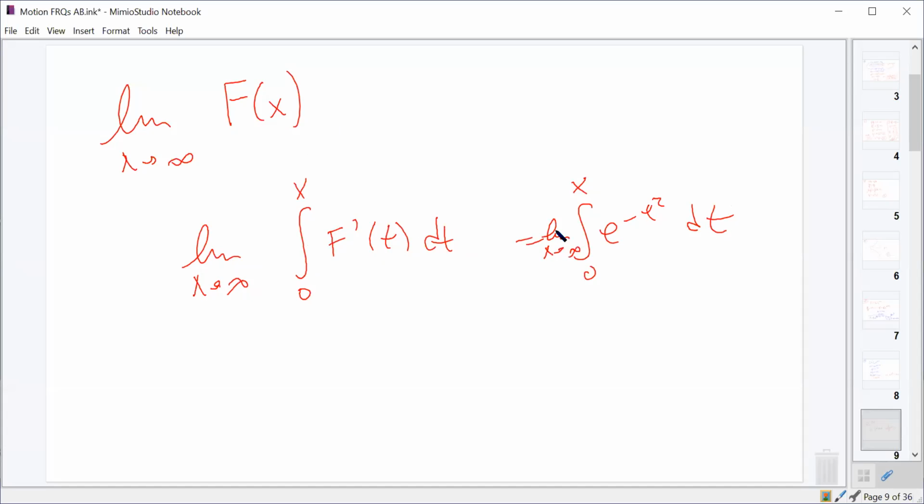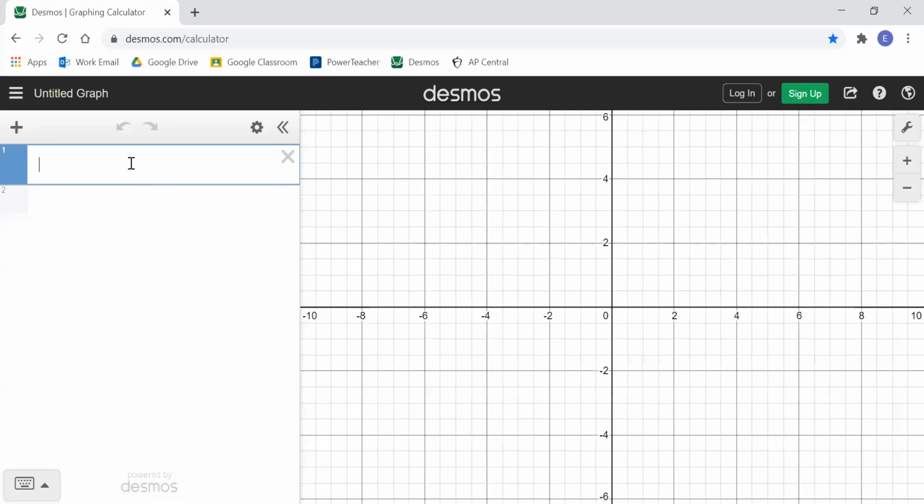So effectively, they'd say, just evaluate this integral at a very large value for x and see what it gets very close to. I'll do that real quickly here on Desmos to show that it comes out to be A, which is what they wanted the answer to be. So the integral from 0 to, I don't know, we'll put in 10,000, a fairly big number, of e to the negative x squared dx.